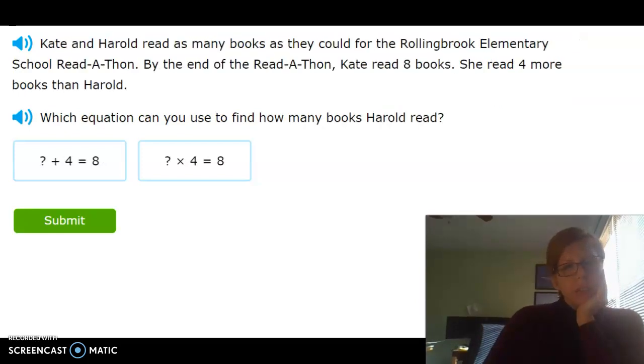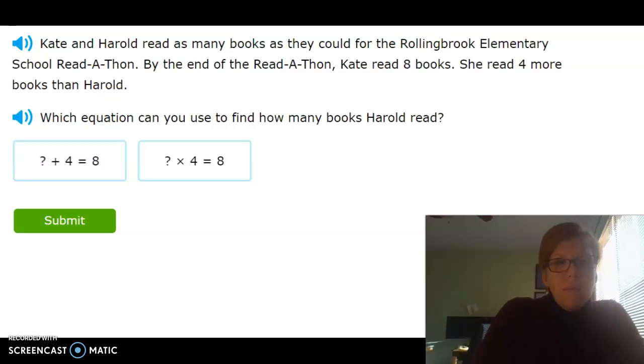Kate and Harold read as many books as they could for the Rolling Brook Elementary School readathon. By the end of the readathon, Kate read 8 books. She read 4 more books than Harold. Which equation can you use to find out how many books Harold read? Well, I'm looking at this word problem, and I'm going to underline some keywords.